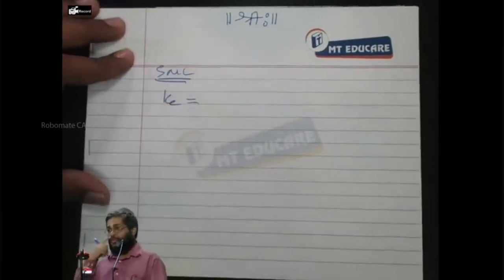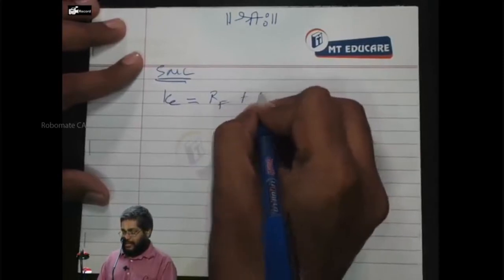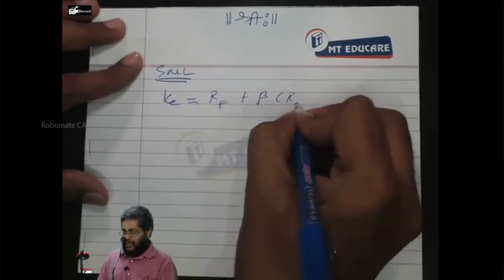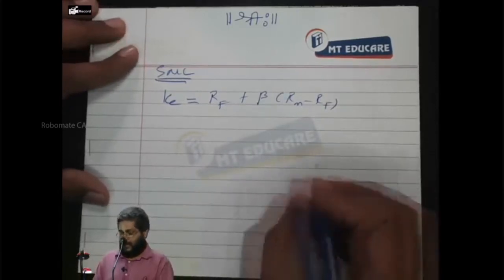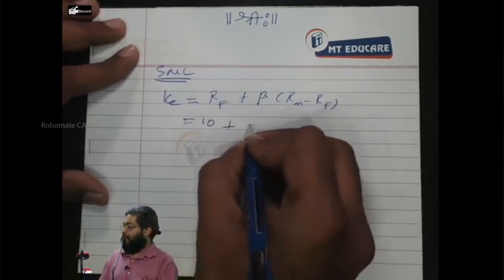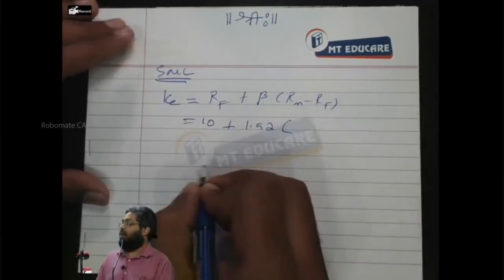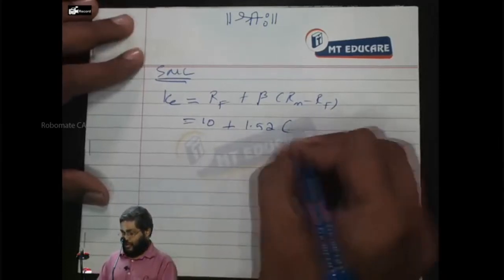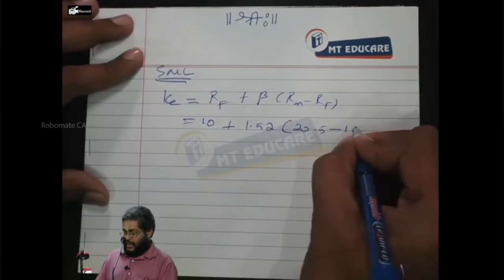KE is equal to RF plus beta into (RM minus RF). What is RF here? 10 plus beta, which is 1.52, into the expected market portfolio return 20.5 minus 10.